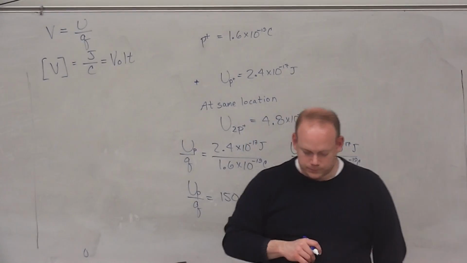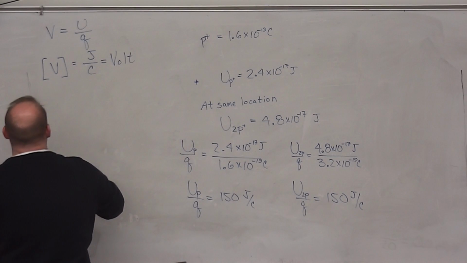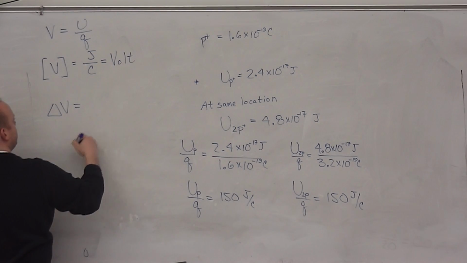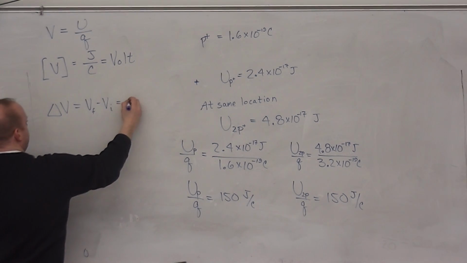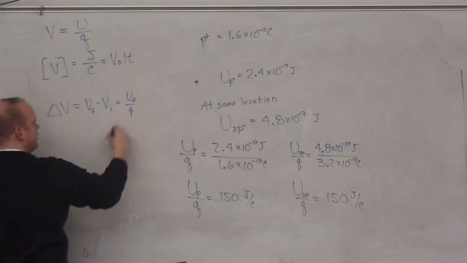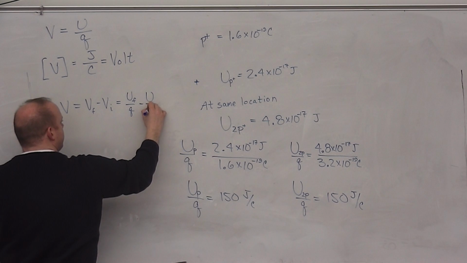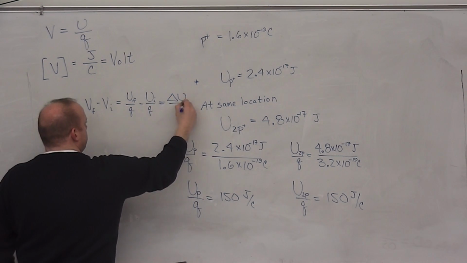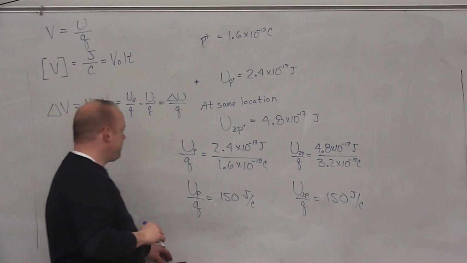So now, a lot of times we don't care about the absolute potential V there, we care about delta V. Delta V will equal V final minus V initial, which will equal U final, potential energy per unit charge final, minus potential energy per unit charge initial, or delta U over q.